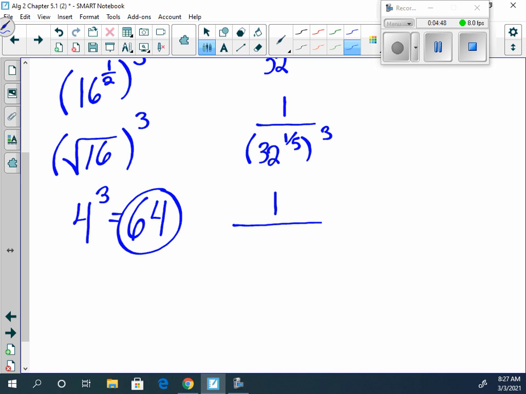Now, really what 32 to the 1/5 is saying is that I have the 5th root of 32 to the 3rd. Well, do we know a number times itself 5 times that would give us 32?